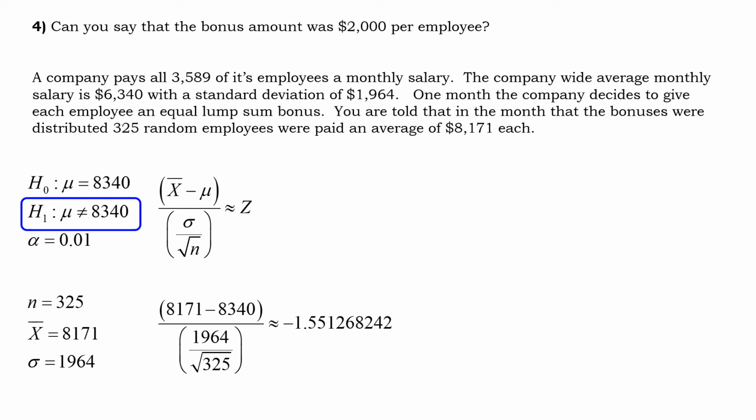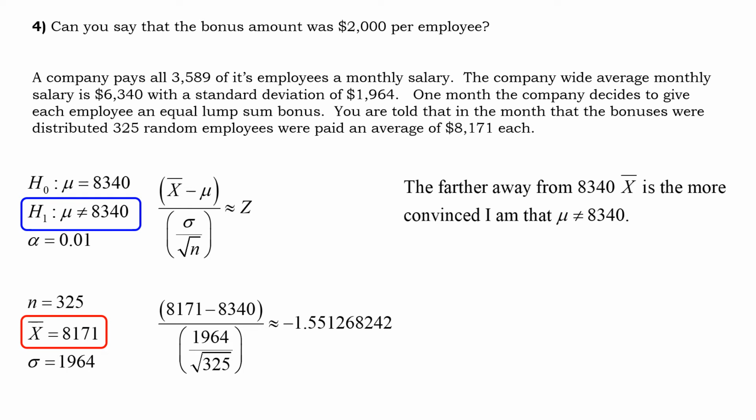So what are we trying to be convinced of? That mu does not equal 8,340. So we look at the sample mean. That is our key witness, our main impact on what we believe might be the truth about the population mean mu. To convince me mu does not equal 8,340, X bar needs to be far away from 8,340.